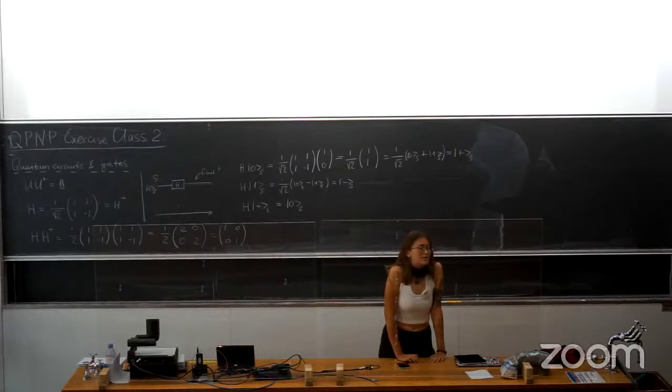Okay, this is not a correct statement. When you have n qubits, each qubit is a 2-level system, so the basis of the n qubits has 2 to the power n states.